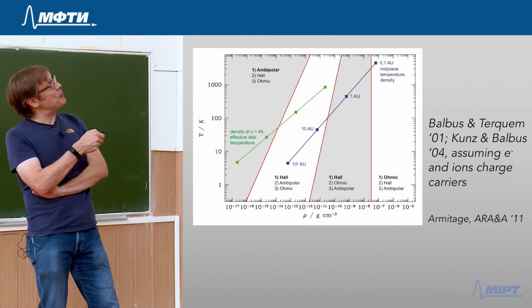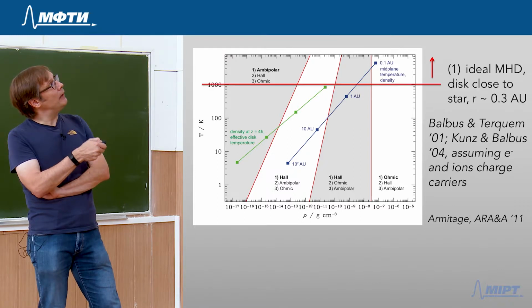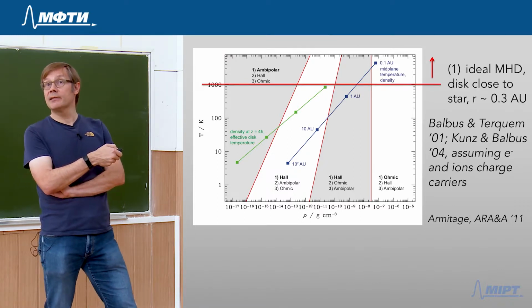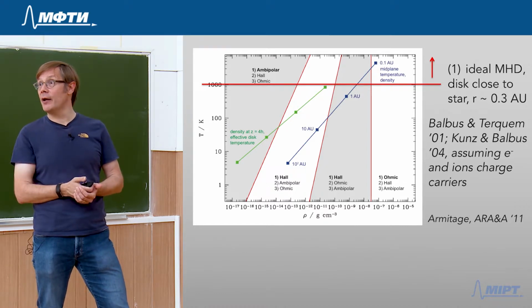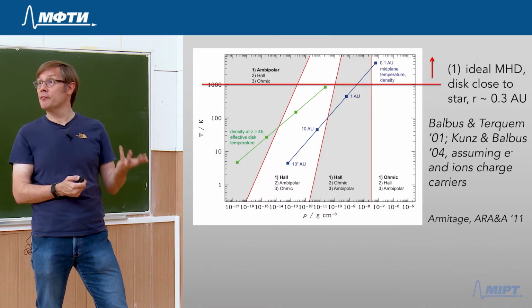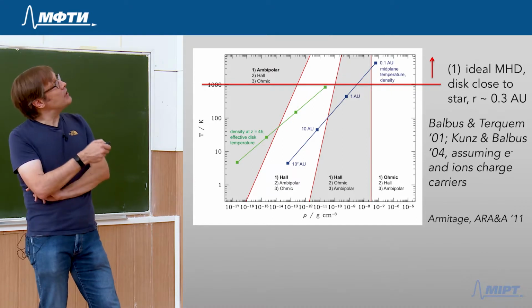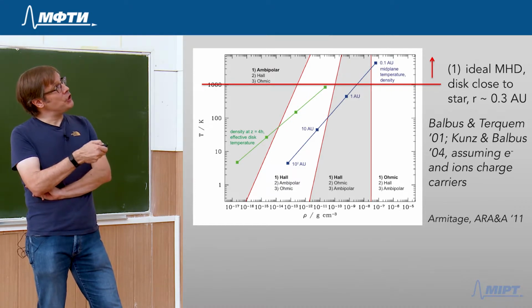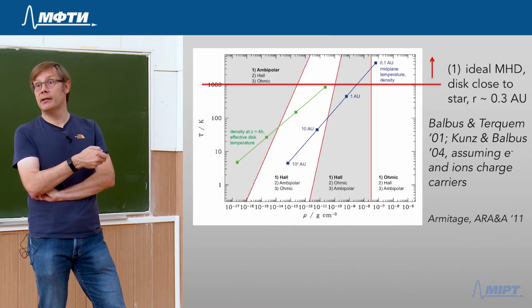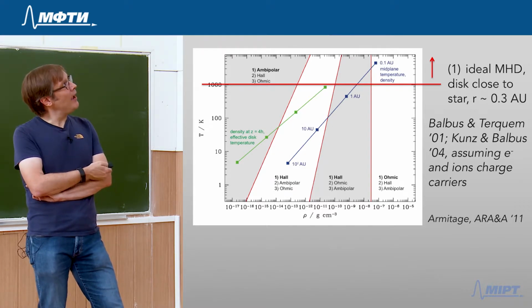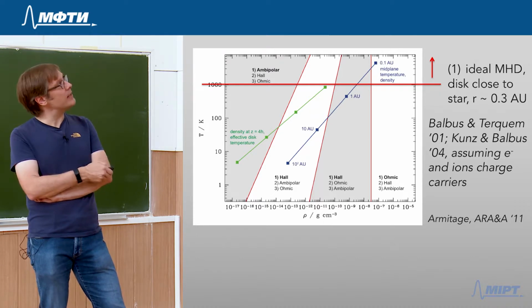Well, if the temperature was more than about 1,000 Kelvin, we'd be in this regime where the alkali metals are ionized, which we mentioned something about yesterday, and we get a relatively large ionization contribution just coming from collisional processes. Okay? So in this regime, ideal MHD would be a reasonable assumption, and we would expect the magnetorotational instability to be operating. And then there are two other main regions in the disk.